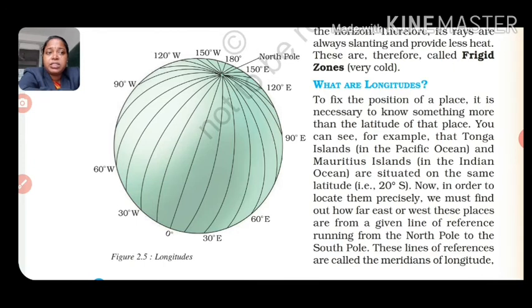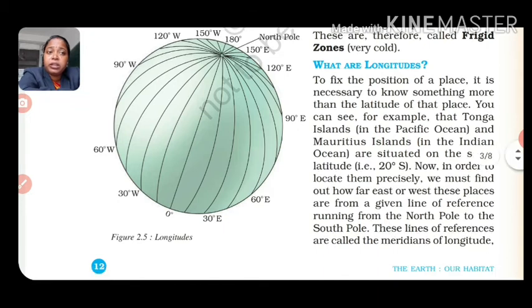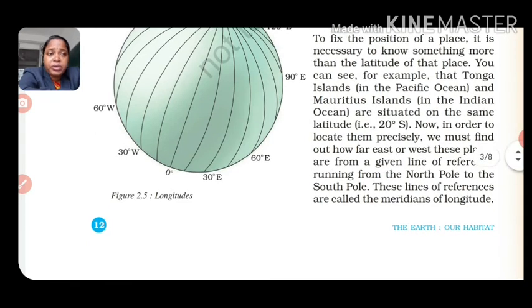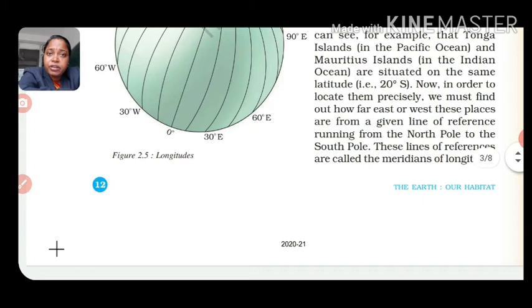For example, the Tonga Islands in the Pacific Ocean and Mauritius Island in the Indian Ocean are situated on the same latitude, that is 20 degrees south. Now, in order to locate them precisely, we must find out how far east or west these places are from a given line of reference running from the North Pole to the South Pole. These lines are known as the meridians of longitude.